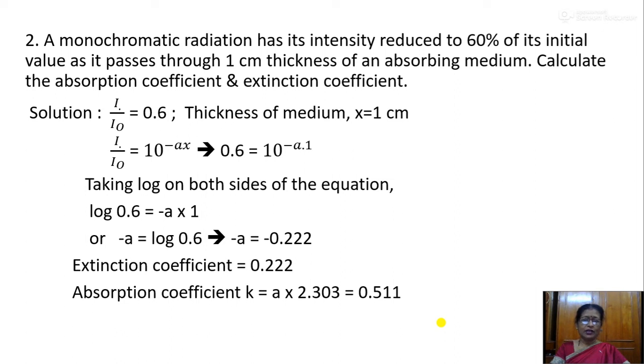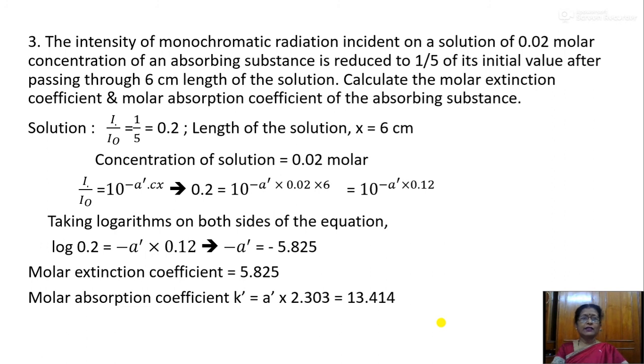Substituting the value of a, multiplied by 2.303, you will get 0.511.